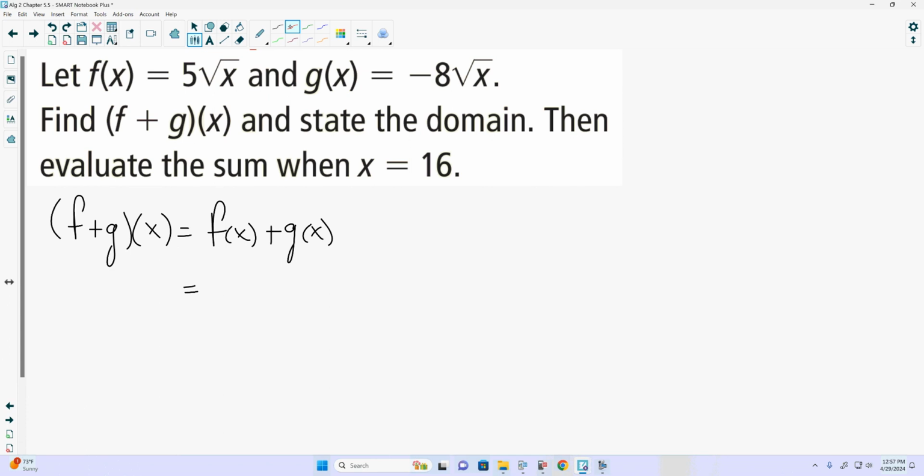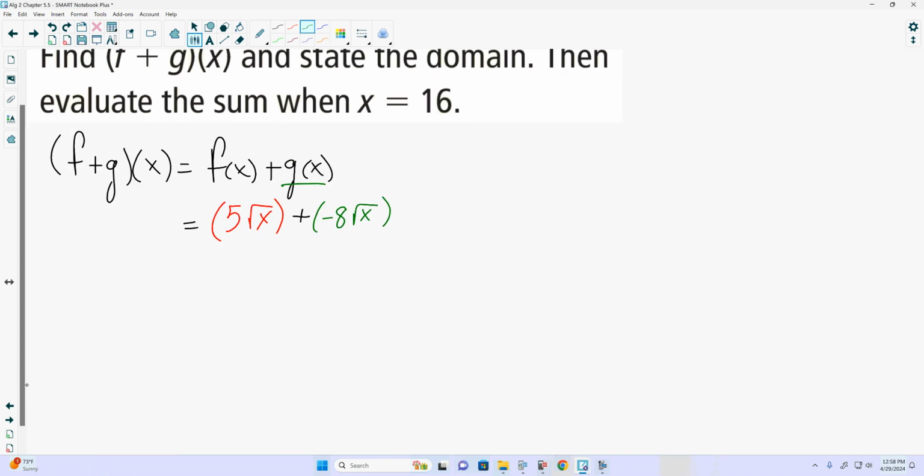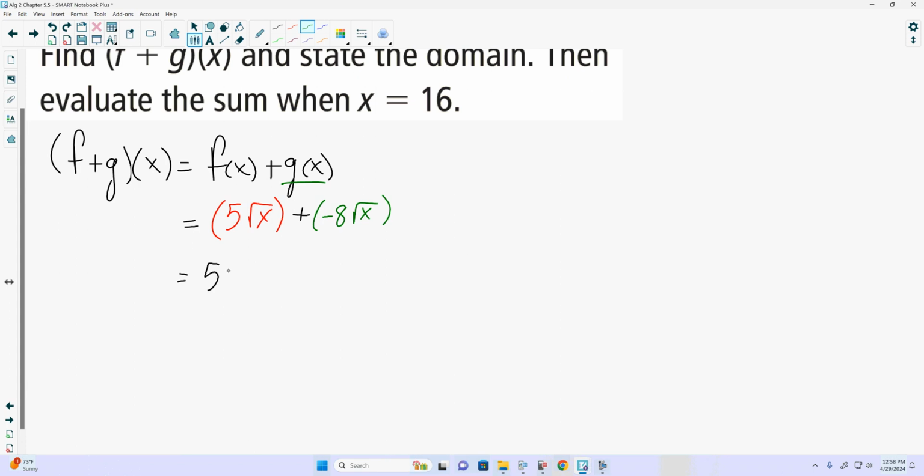Now for us here, f of x is 5 square root of x. And our g of x would be negative 8 square root of x. So we have 5 square root of x plus negative 8 square root of x, or we could have said minus 8 square root of x.